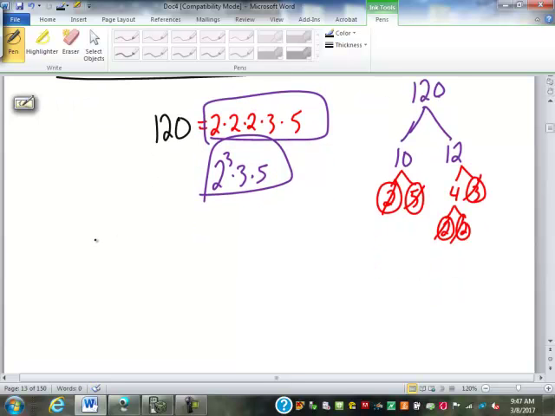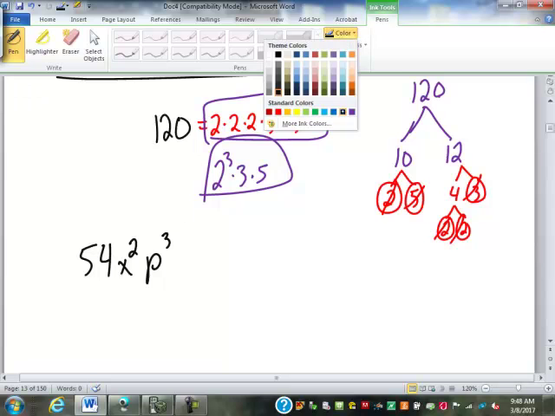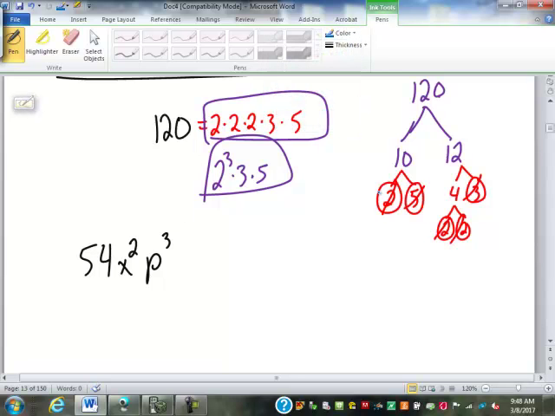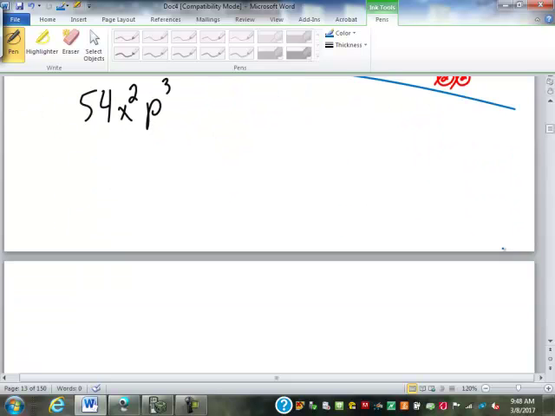What if I ask you to factor completely something like 54x squared p to the 3rd? We're going to factor the 54 separately, exactly. What's any number that divides into 54?